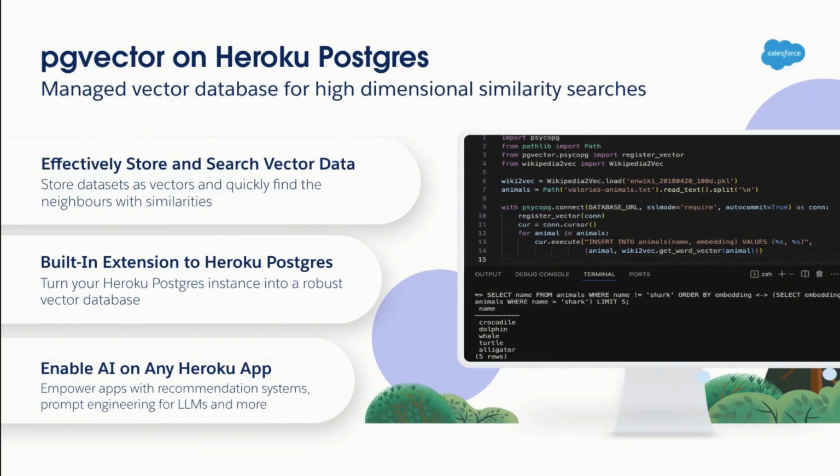So what is pgvector? It's a managed vector database for high dimensional similarity searches. Vector data is something that's really taken off a lot recently because it enables you to use AI embeddings. With pgvector, you can add vector data types to your existing Postgres data.